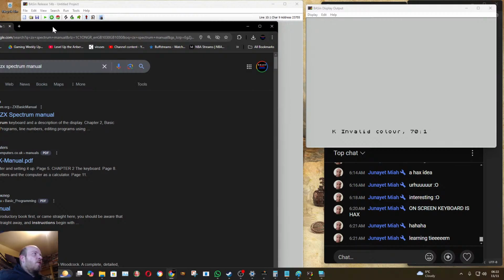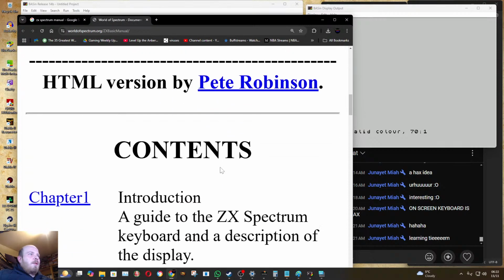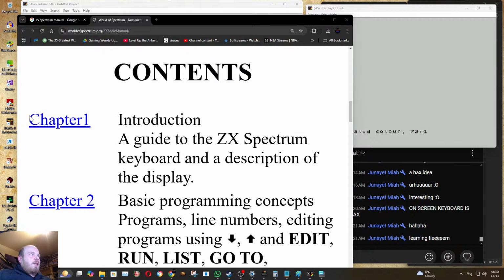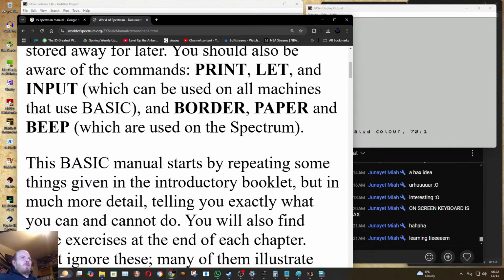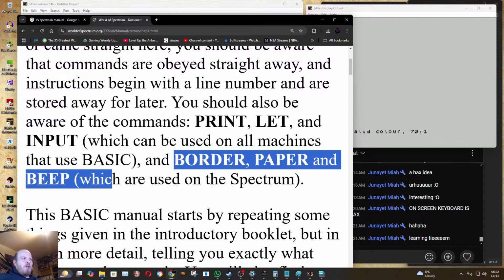We'll read the manual. Chapter 1. How to do. You should be aware of the commands print, let, and input, and border, paper, and beep.